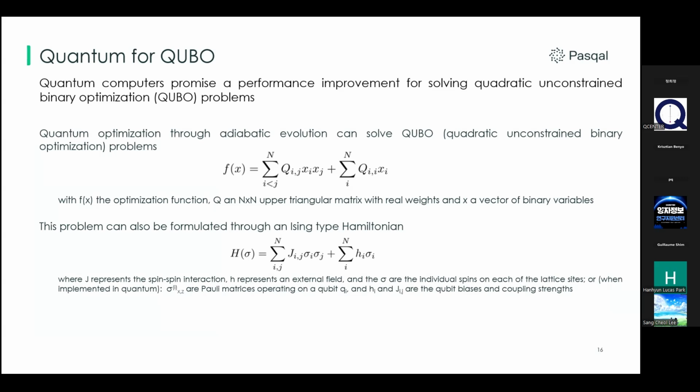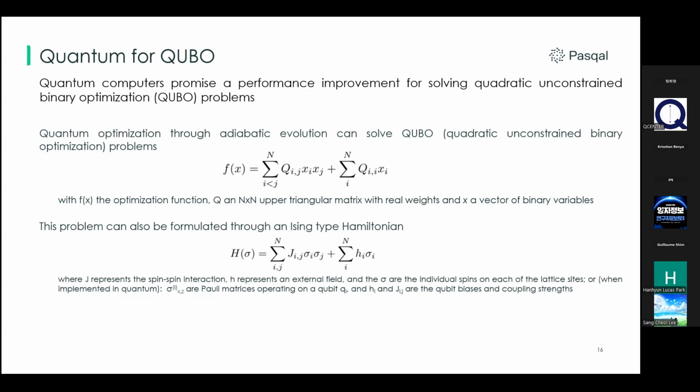QUBO stands for quadratic unconstrained binary optimization problem. It is quadratic in the sense that it has terms involving two variables. It can also have terms involving one variable and zero variables, but two variables is the highest degree involved.